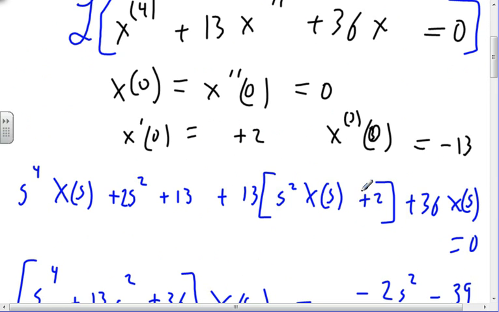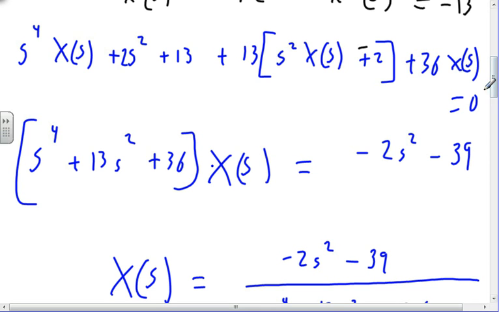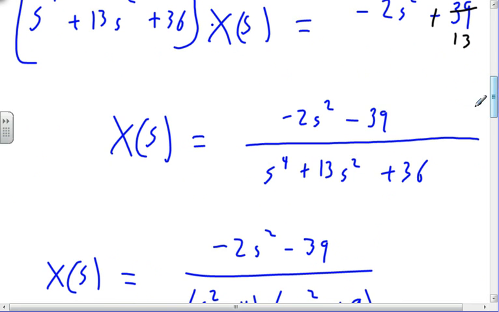That makes this a negative 2. If that's a negative 2, then this is going to be a positive 13. Positive 13, and if that's a positive 13, then this is a positive 13.